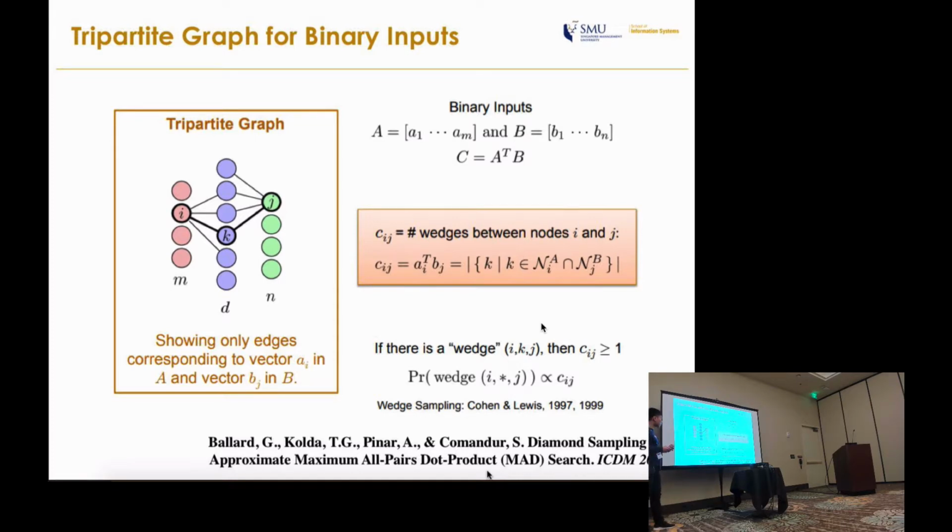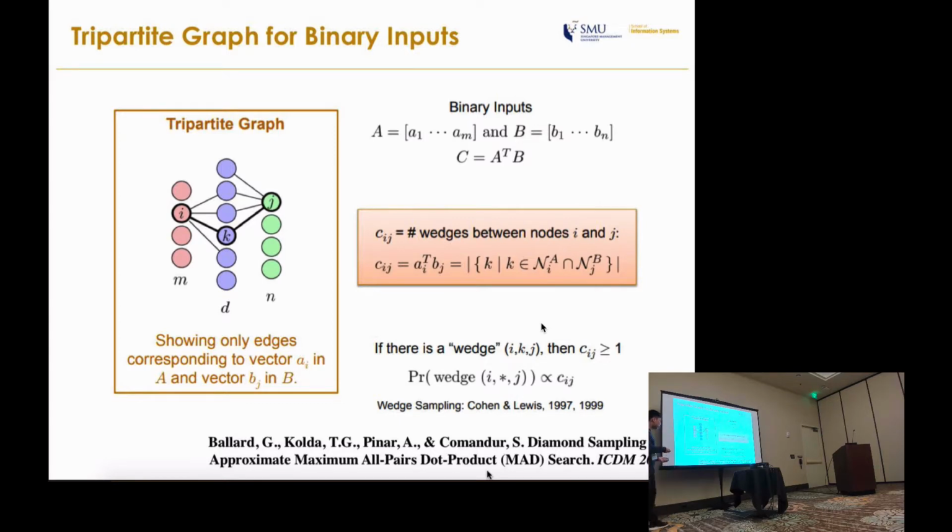So in order to determine the index of the maximum inner product pair between A and B, right, they need to sample how you can connect node i to node j through any node in the middle.